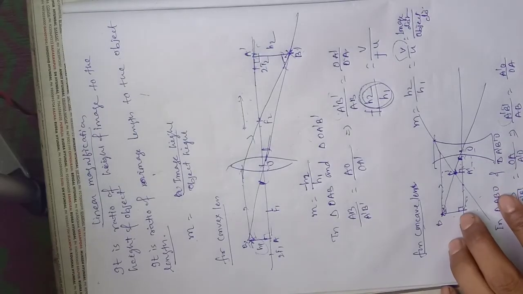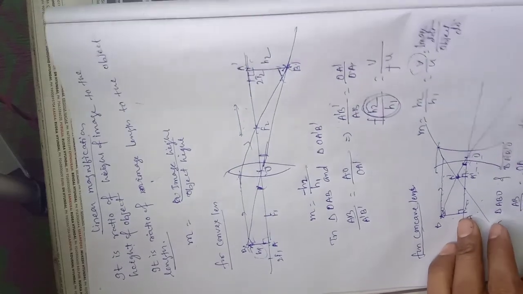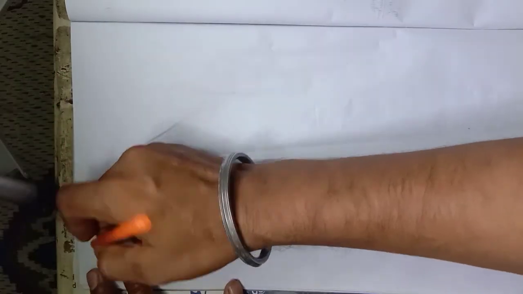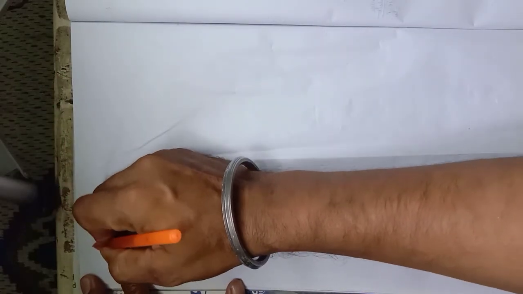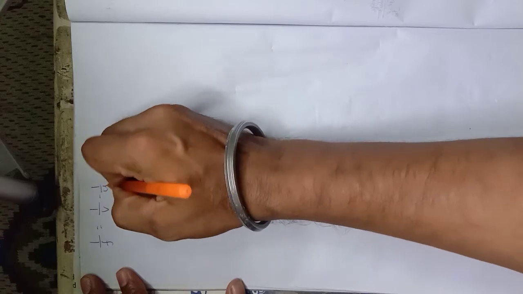You can also relate magnification to the focal length, that is, the linear magnification in terms of focal length. We can write 1 by f equals 1 by v minus 1 by u.